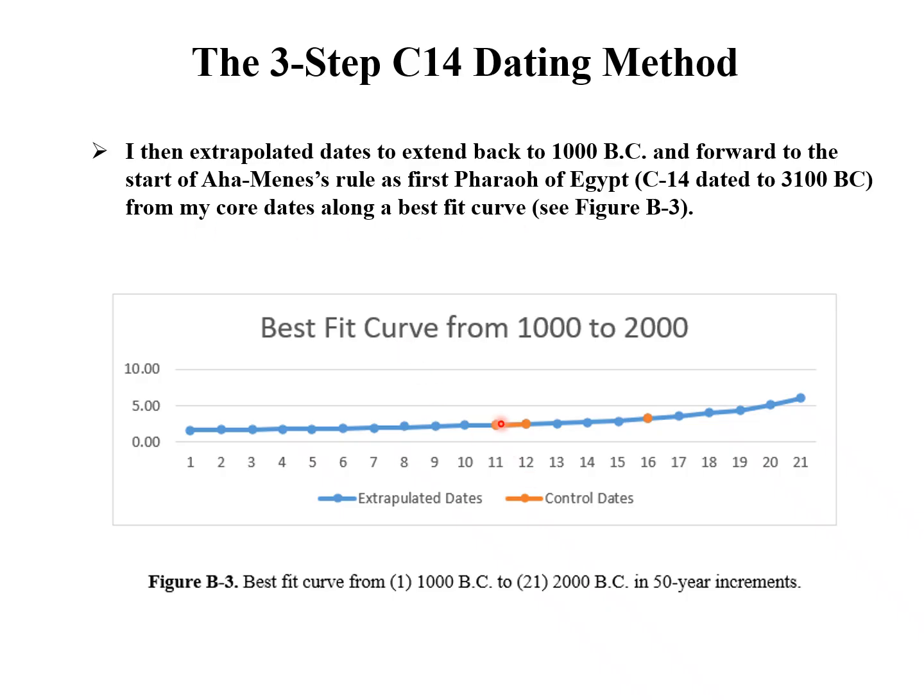Okay, so here are my control dates, and this constitutes my core dates, and then I just extended it out to Ahamen's rule at 3100 BC on 50-year increments, and then I extended it all the way back to 1000 BC, and these are all 50-year increments along there. Okay, so I just extrapolated those dates from my core dates.